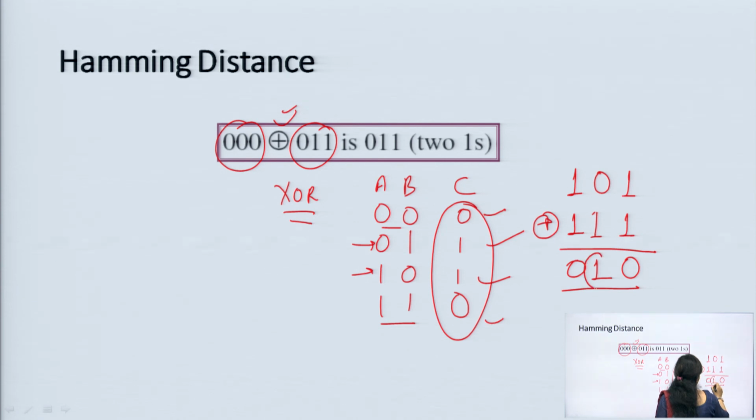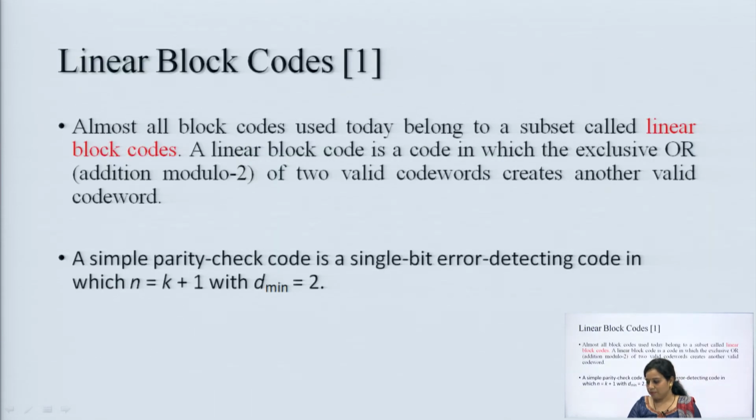So, only this bit has changed. So, you can say that this has a Hamming distance equal to 1, meaning the output has changed at the second code. What is the Hamming distance? Only one bit has changed from 1 to 0, or 0 to 1. So, this is how you calculate the Hamming distance between two codes.